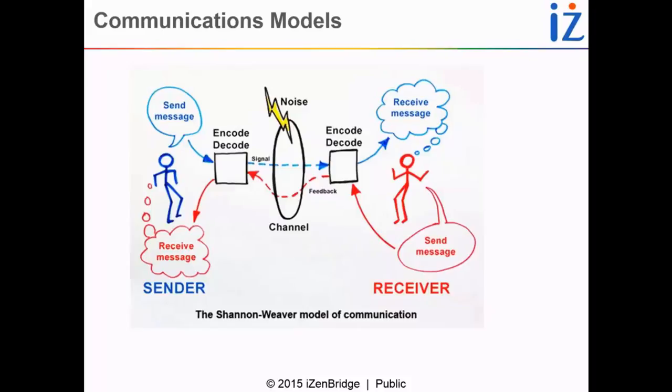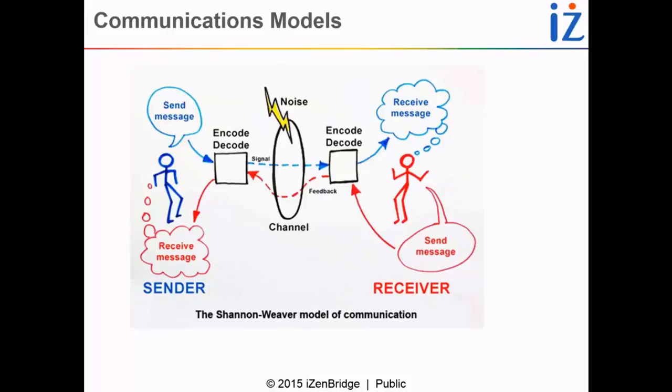But given that we don't have any brain-to-brain transmission, we do need to encode the message. That means we have to put it into words, in a format that we are able to transmit across a channel. So a communication channel or a communication medium is the way that we send our message across.